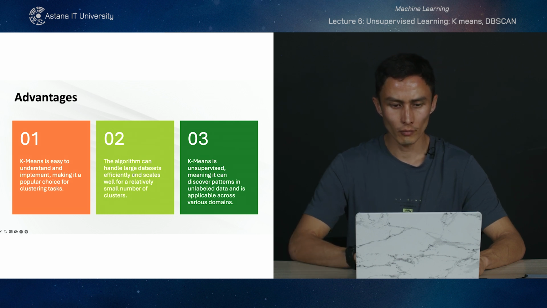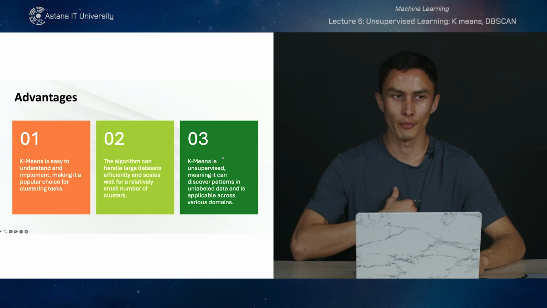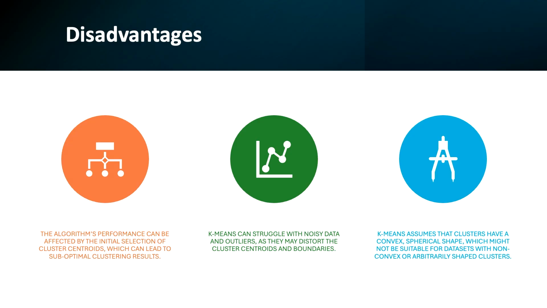It can handle large data sets and can be scaled easily. K-means, as we said, is unsupervised learning, so you don't need to provide labels here.